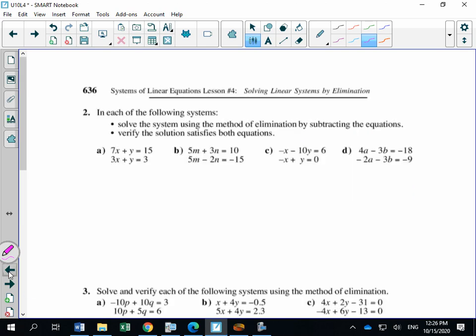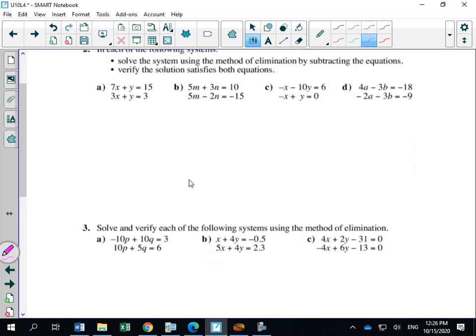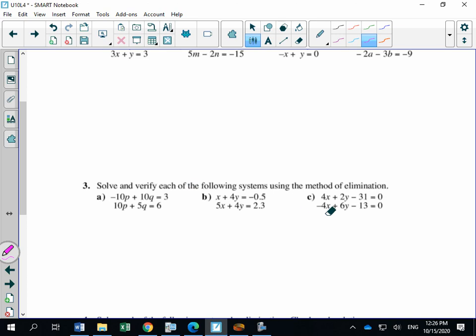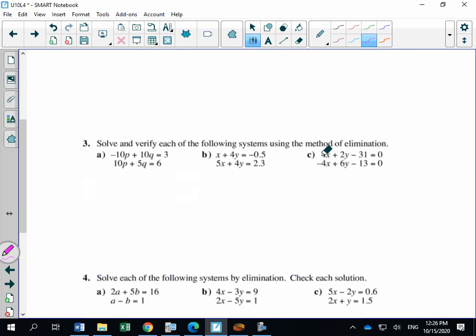Okay, so let's look at 3c. Yes. So you guys, let's set up 3c together. So 3c, they've got your x's and your y's lined up, but they don't have these numbers on the right-hand side. So what 3c would be, the first system would be 4x plus 2y is equal to 31.